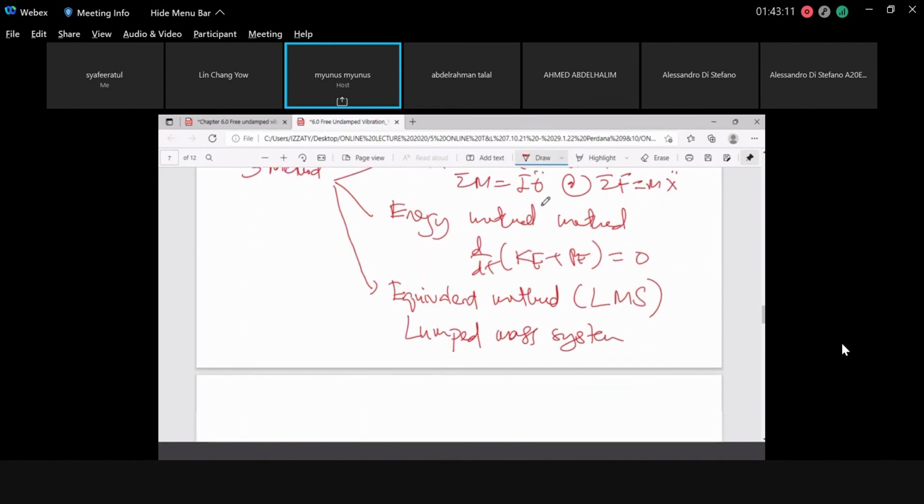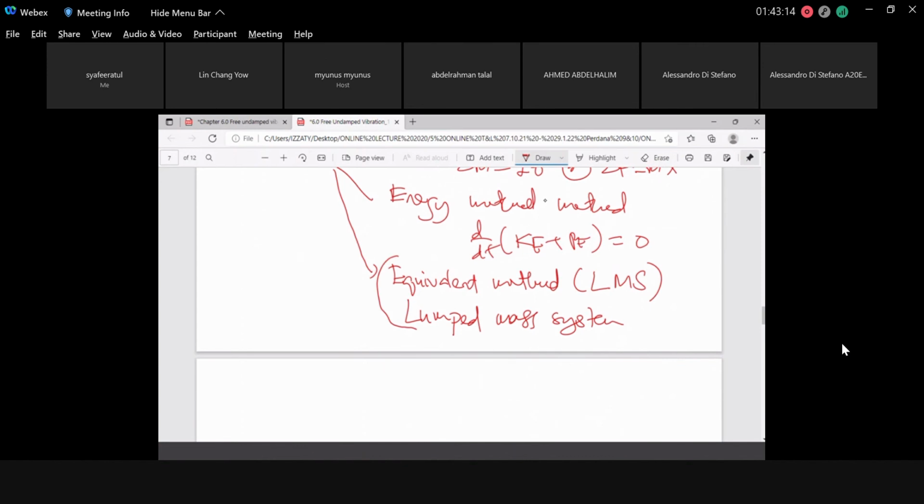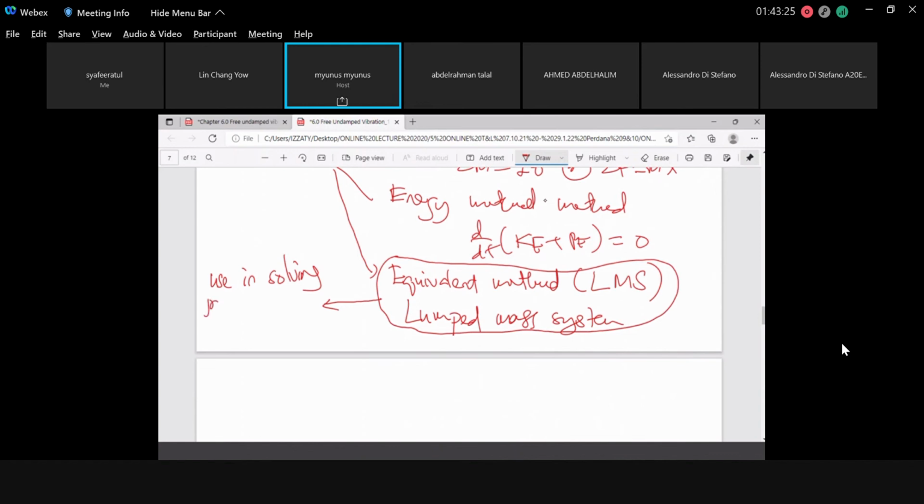Before I proceed with this lumped mass system, a new thing to you, I'm going to explain a bit. It is used in solving complex problems, reducing complex problems to simple ones.